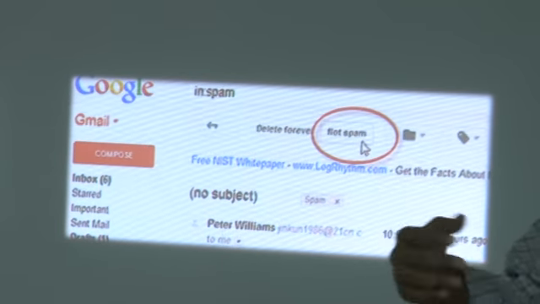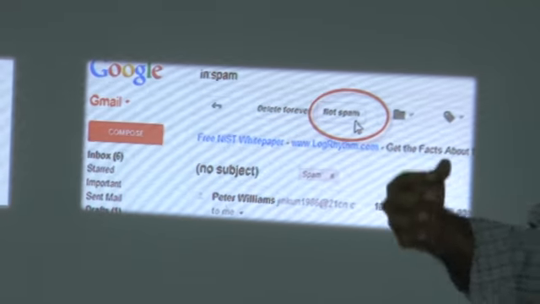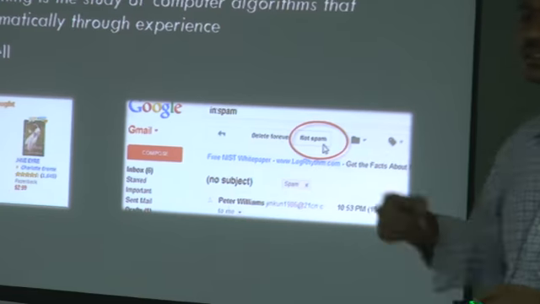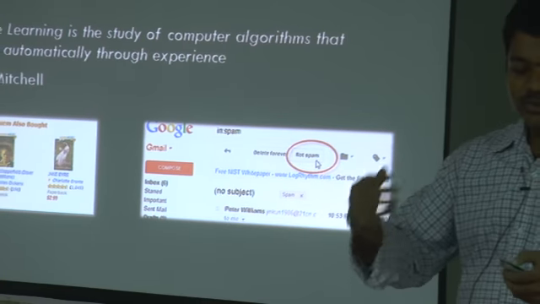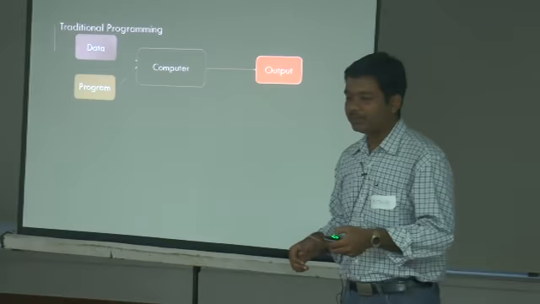It's also based on who the sender is, what the IP is, and what others perceive about the sender. All these play an important role in Gmail taking the action that this mail belongs to spam. Similarly, we have other activities where machine learning can play a part.